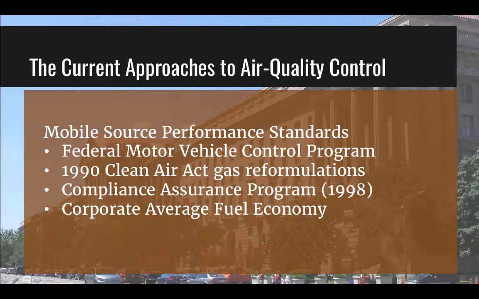Standards have most recently been updated to require a CAFE standard of 35.5 miles per gallon by 2016 and 54.5 miles per gallon by 2025. The EPA was also given authority in 2007 to regulate carbon dioxide and other greenhouse gases.